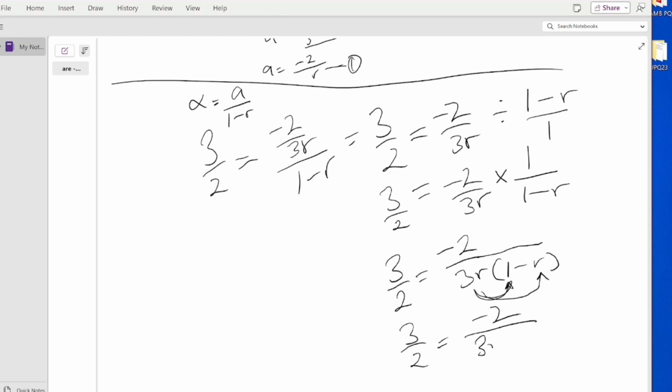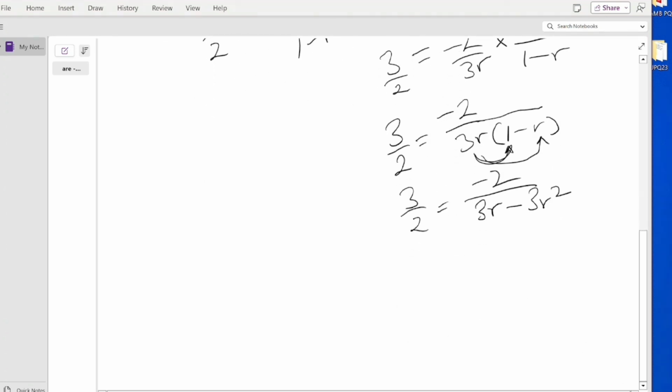We can open this bracket. We have 3R times 1 which gives 3R, and 3R times minus R which gives minus 3R squared. The next thing we'll do is cross multiply to make it linear.